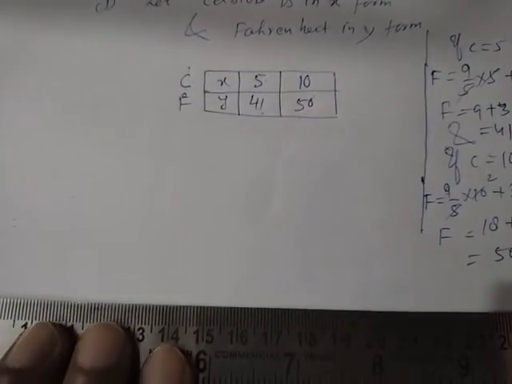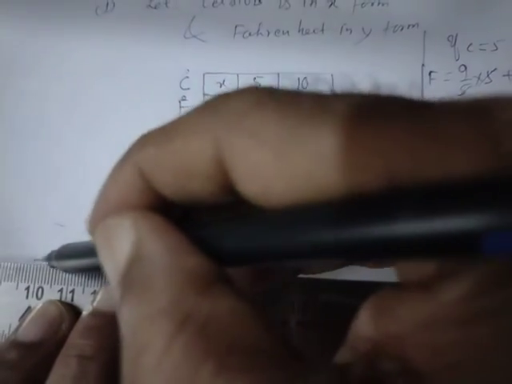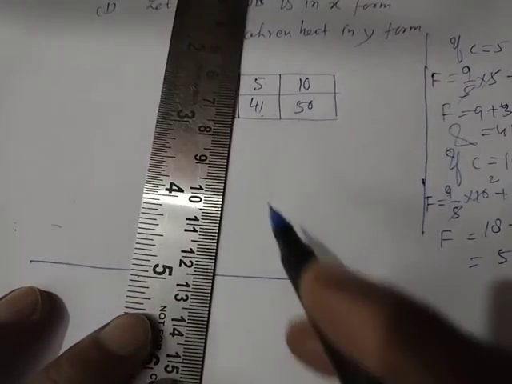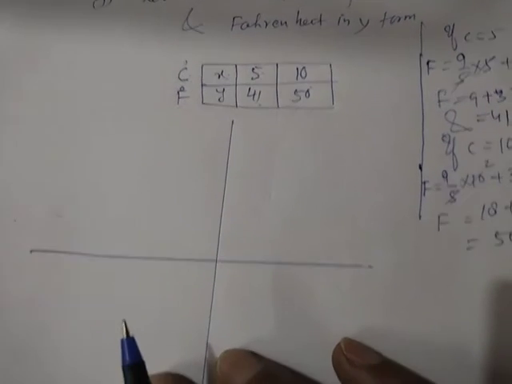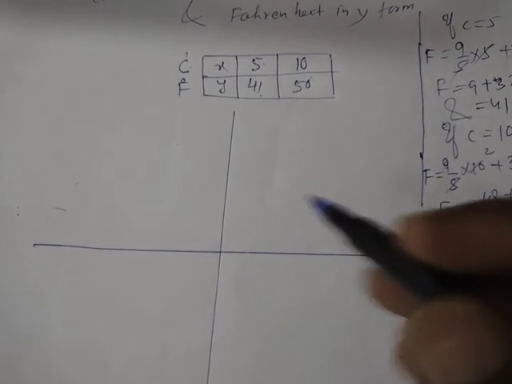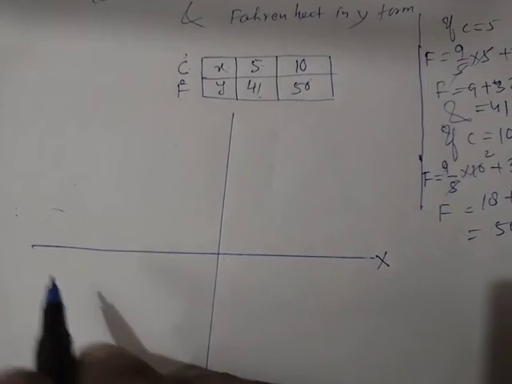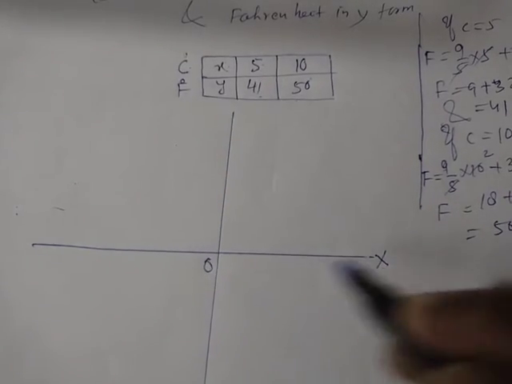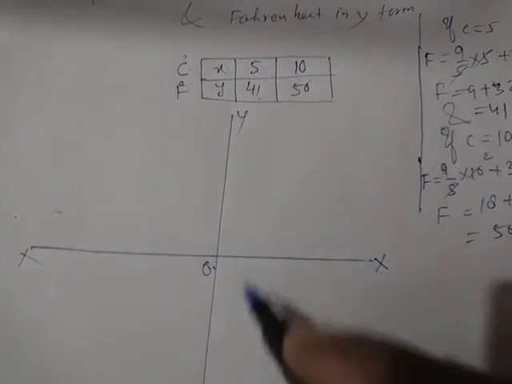You see, student, if you plot the graph on graph paper, that will be much better because the points will be located on the graph paper very easily. X'OX is the x-axis, Y'OY is the y-axis.